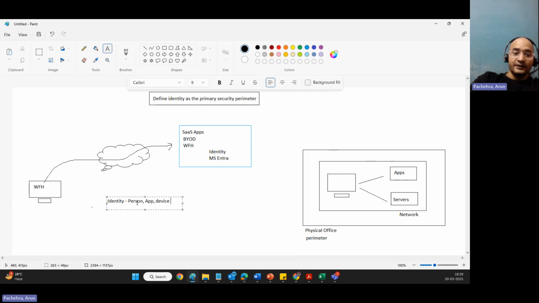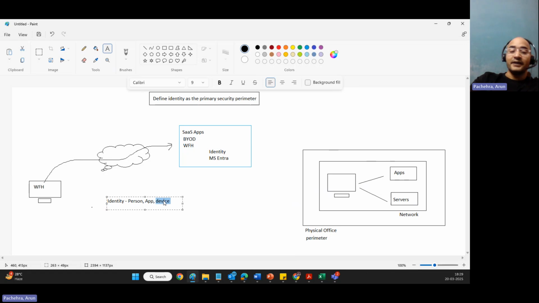If it is a person, it could be username and password that we usually use when we log into the Azure portal. It could be MFA, or another way of authenticating. But we understand human identity, like username and password. An application cannot type its username and password, so it might be using API keys, service credentials, or managed identities, which are managed by Microsoft.